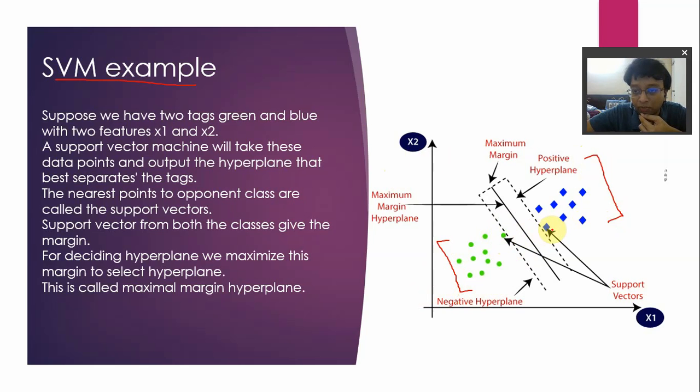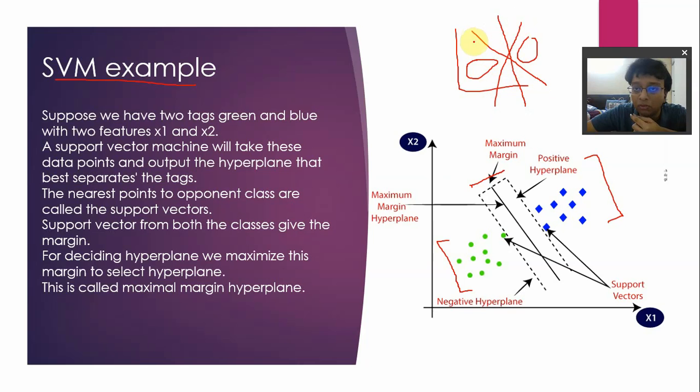Now, using the support vectors, we find the distance between them and the hyperplane. This distance is called maximum margin, and the line which goes through this maximum margin is the hyperplane. Now, the basic question that comes is that if we have two groups like this, we could have made a line anyhow, like this or this or this.